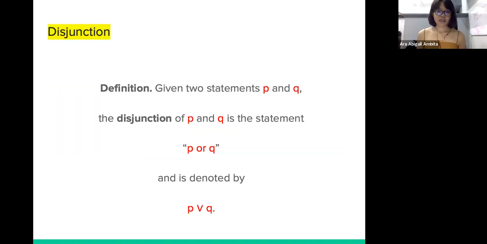Given two statements P and Q, the disjunction of P and Q is the statement P or Q. So we have two statements P and Q which are being connected with the logical connective or, and this is denoted using the symbolic form P or Q.